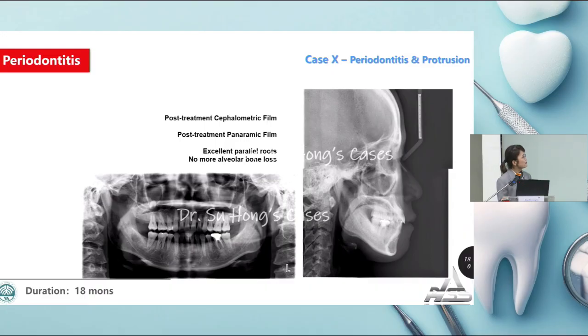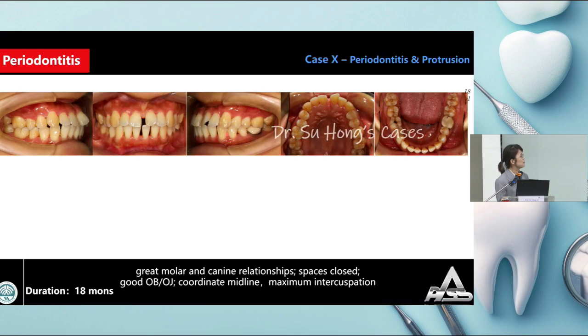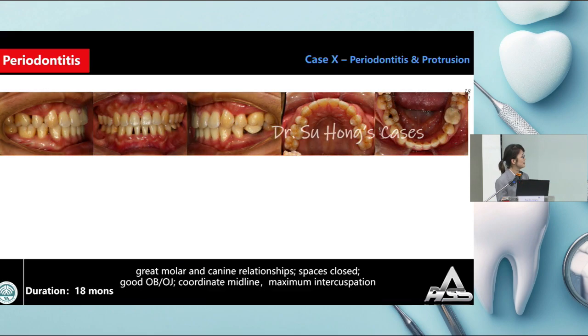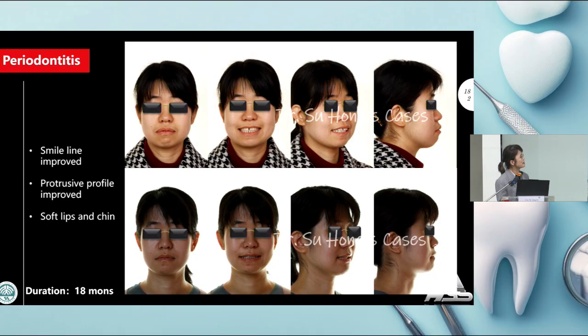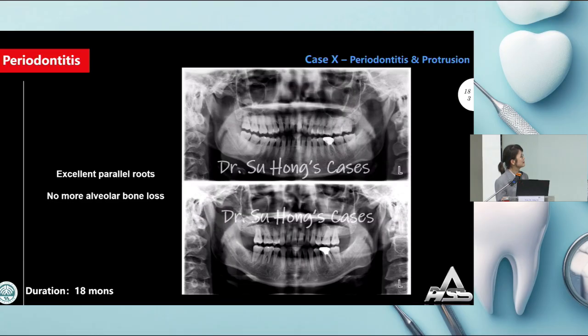And we can see from the post-treatment films the excellent parallel roots here and no more alveolar bone loss compared with before treatment. We can see the maximum intercuspation, the smile line improved, profile improved, soft chin. In the comparison of the panoramic view, we can see excellent parallel roots and no more alveolar bone loss.